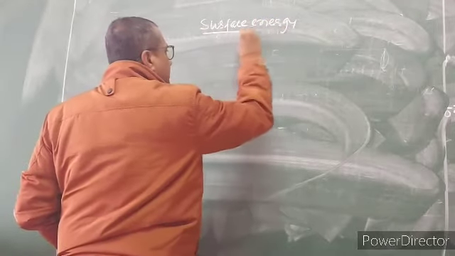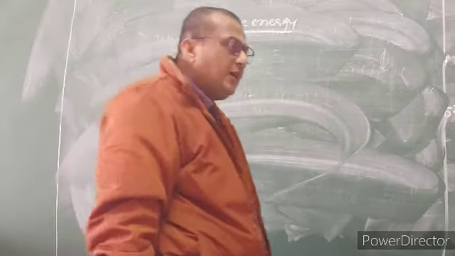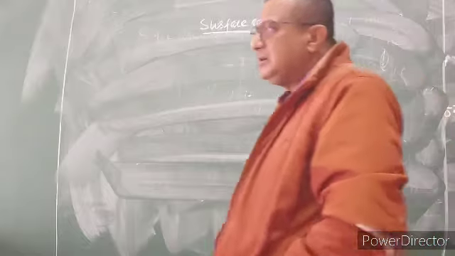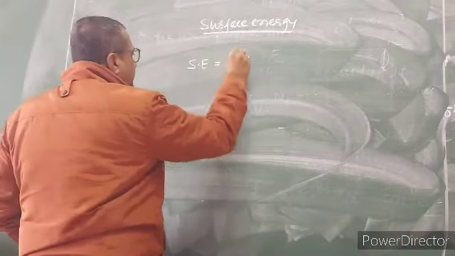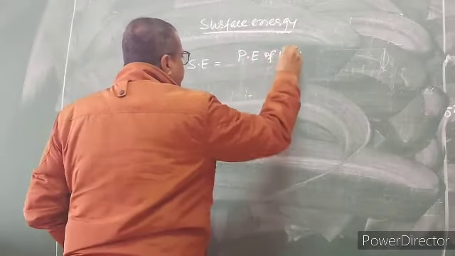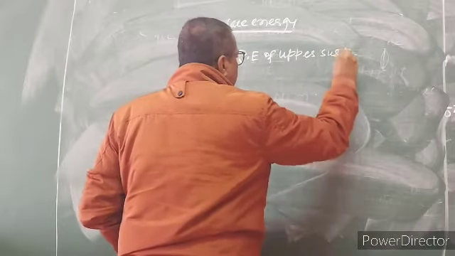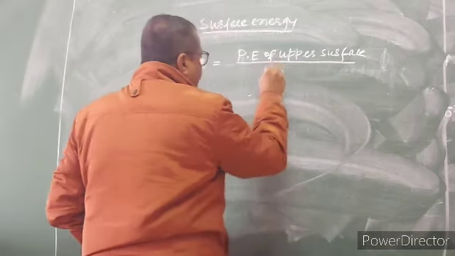From the name it is clear that it is the energy of the upper surface of the liquid, but mathematically it is calculated as the potential energy of the upper surface divided by area.